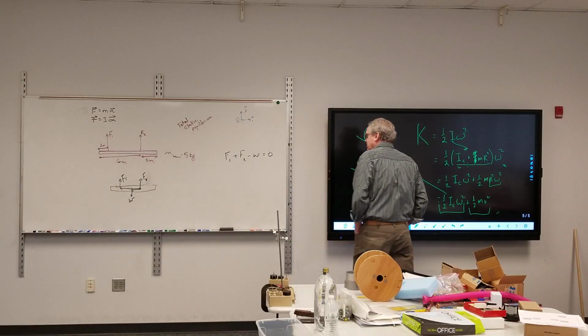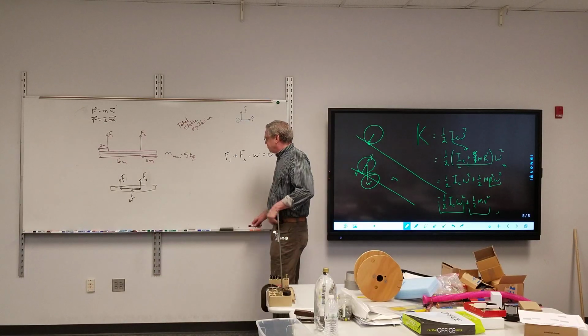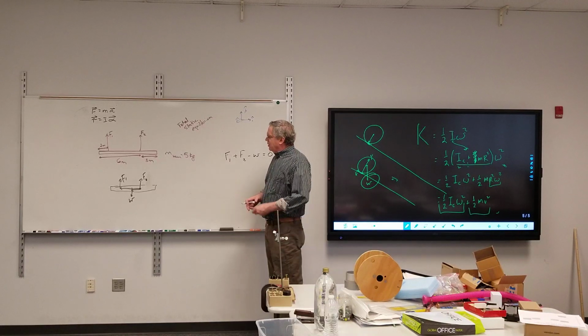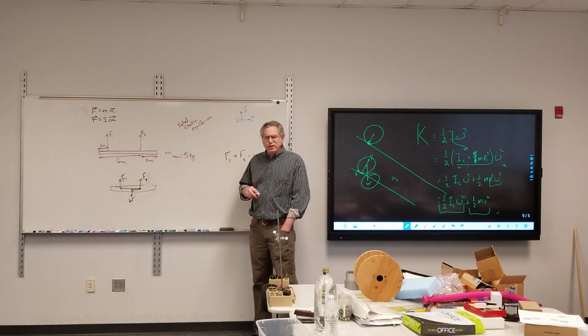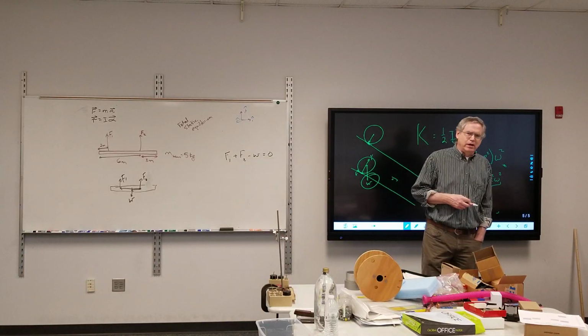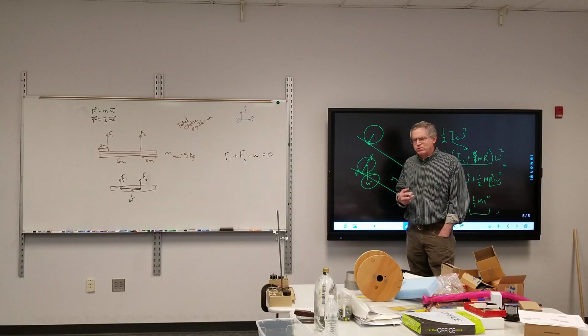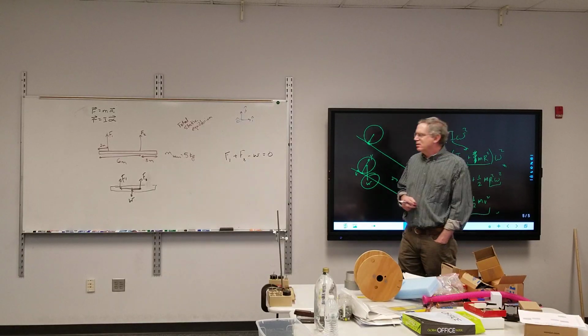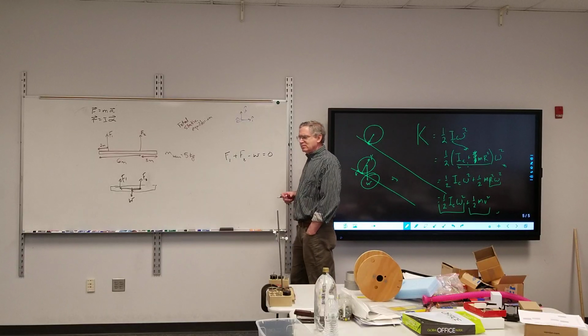The sum of the torques is equal to 0. So let's go with, all right, let's think through this. The torque exerted by F1, is that positive torque or negative torque? In other words, is it pointing in the positive k-hat direction or the negative k-hat direction? Negative. How'd you get that?